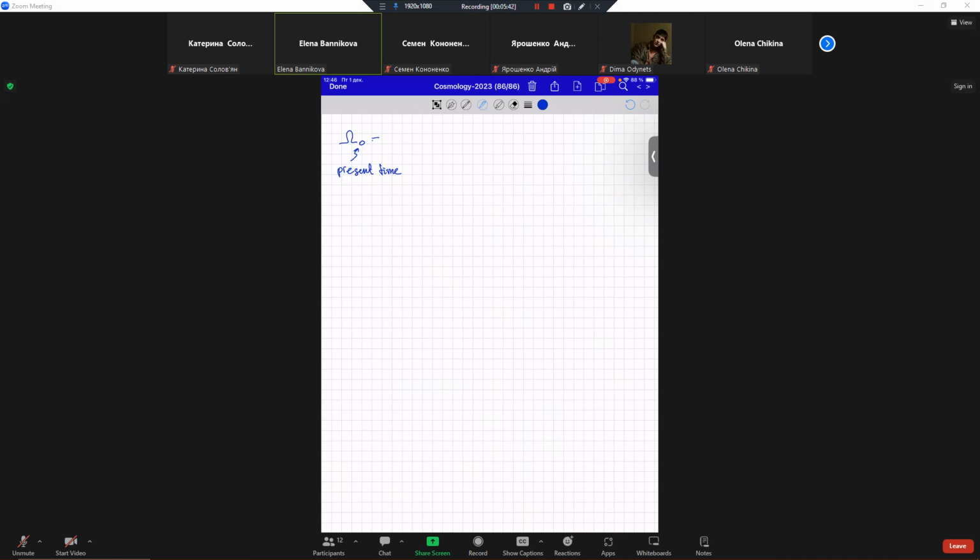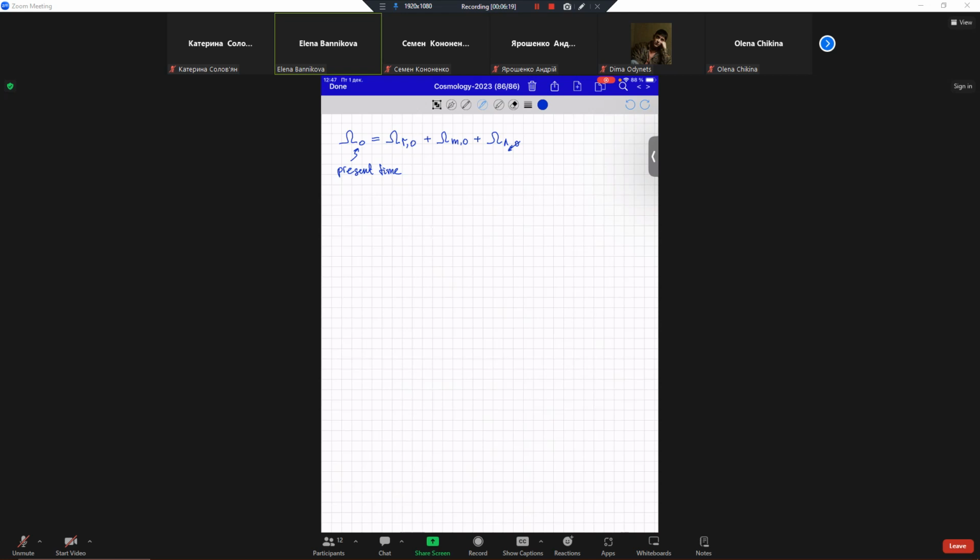So this is the sum of omega radiation at the present time, plus omega matter at the present time, and also omega lambda, which is a constant, but I just put it. It's not important to put 0 because, as we discovered, it's a constant.